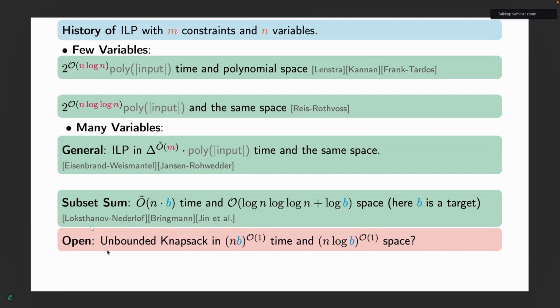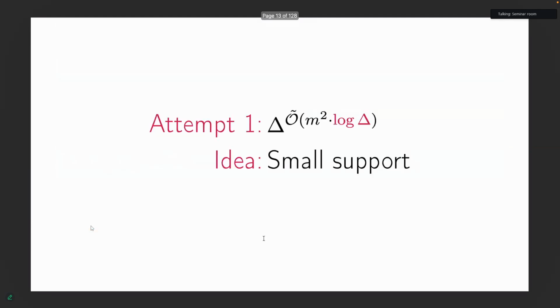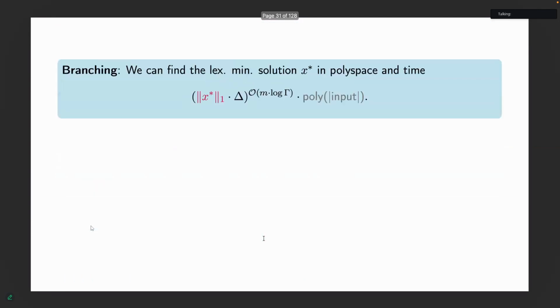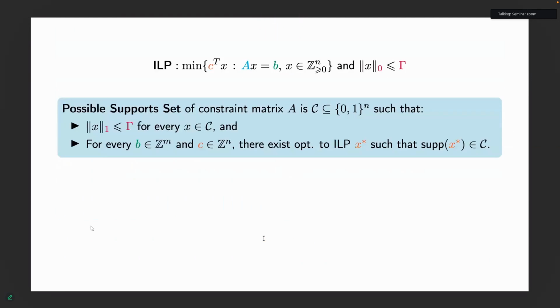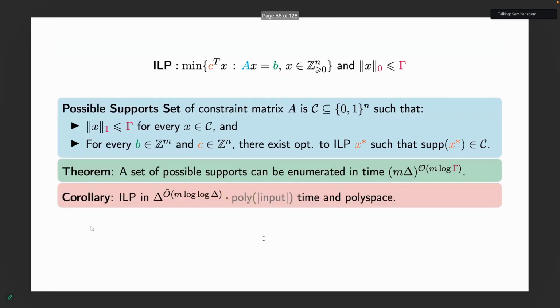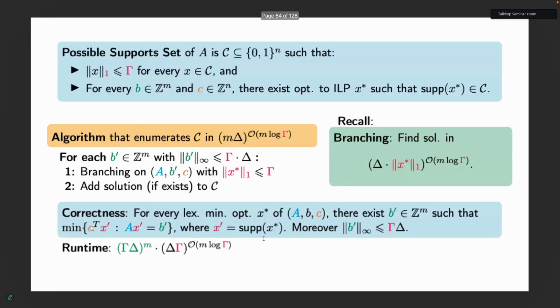ETH is the exponential time hypothesis. I don't even know how to do this for m equals 1, or how to avoid this log delta. But the dependence on m is almost optimal, just one log factor away.